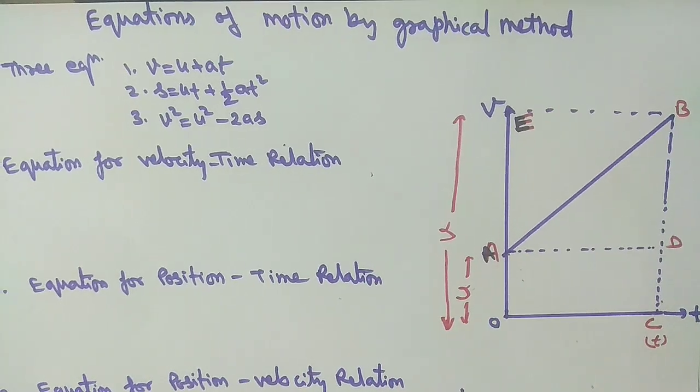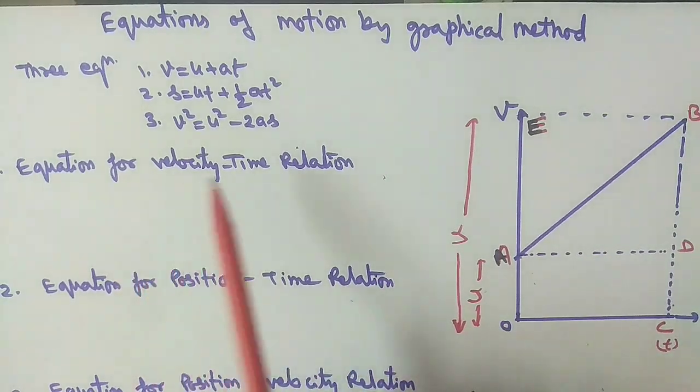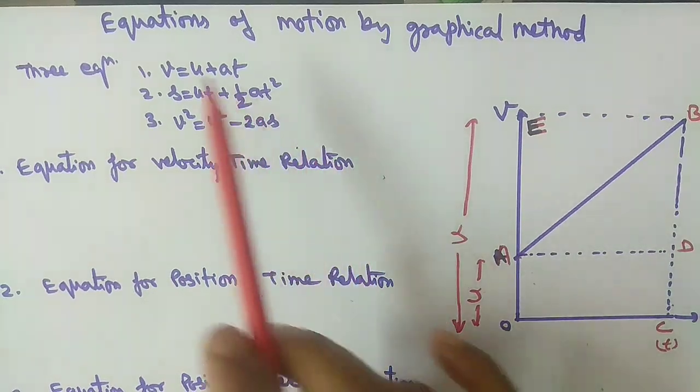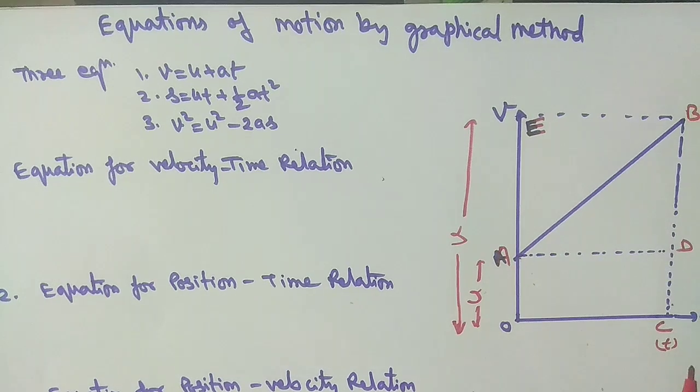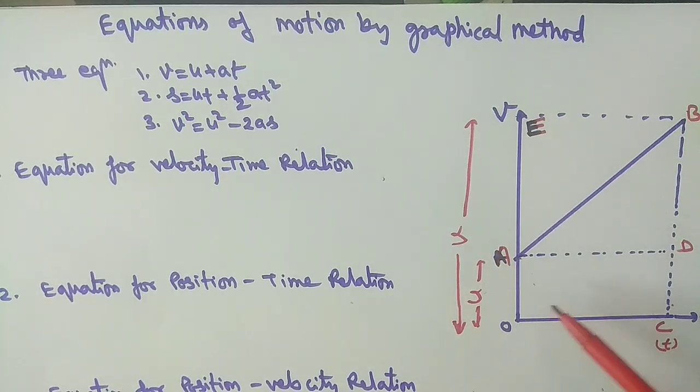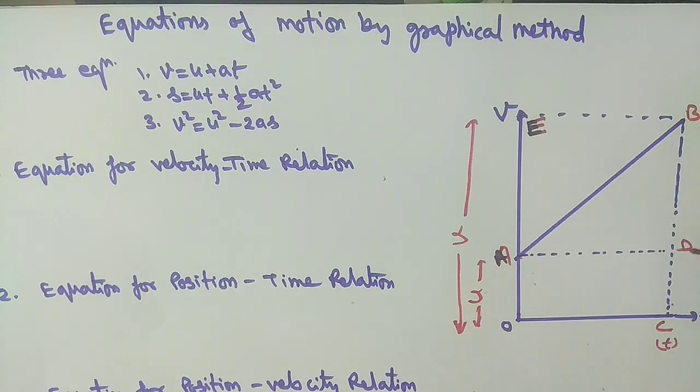So the first equation, which is known as the equation for the velocity-time relation, is v is equal to u plus at. To find this relation, first see what BD is here.